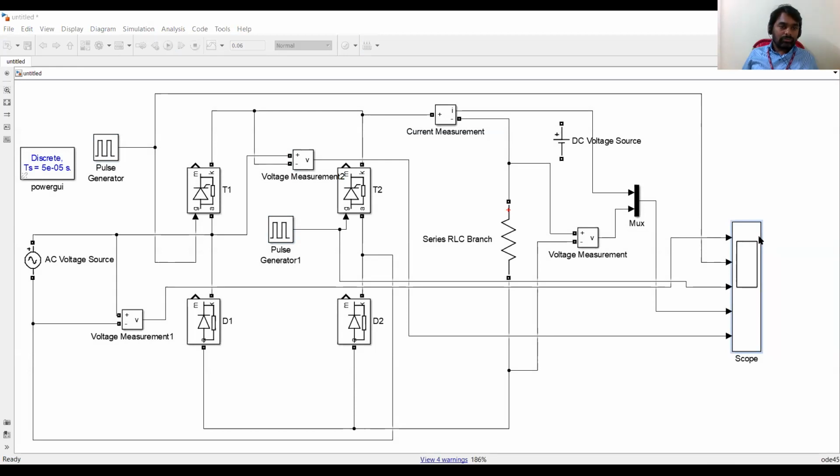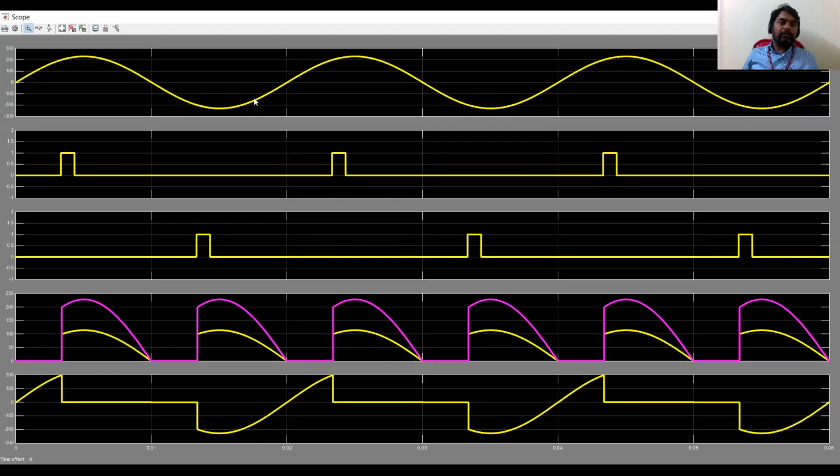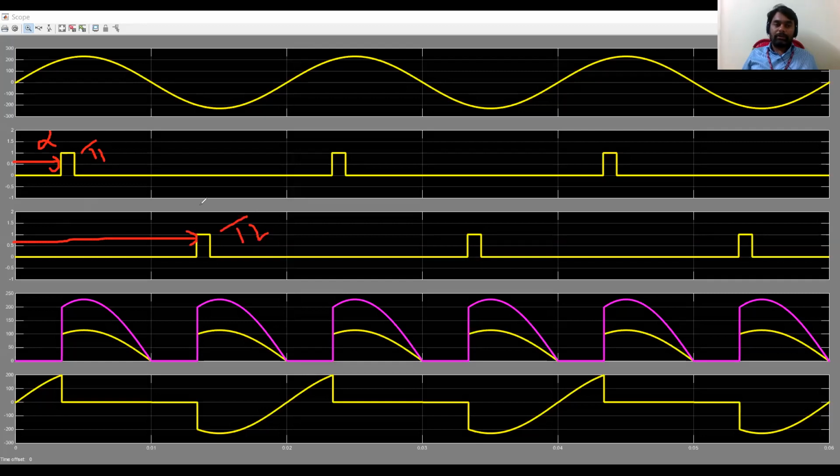Okay, I'm going to share the screen. Now you can see this is alpha, which is given to T1. This is pi plus alpha, which is given to T2, because T2 is in forward bias condition during this negative half cycle, and T1 is in forward bias condition during this positive half cycle. So if I trigger T1, D2 will conduct and you will get positive voltage across it.